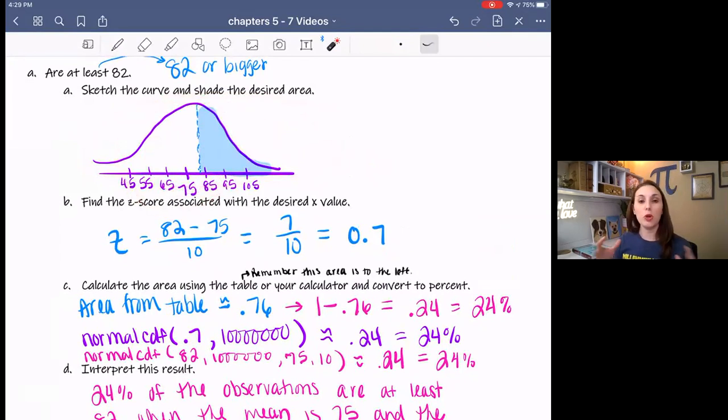And so we had this empirical rule where it just told us these percentages and we just accepted it as truth. Well, now we're saying, okay, what if I don't want exactly 1 standard deviation? What if I want 0.7? Or what if I want 2.5 or whatever? So we're taking the normal curve and extending it a little bit, because we may not want those standard numbers that they've given us in the empirical rule.